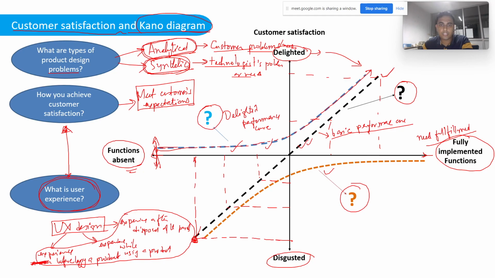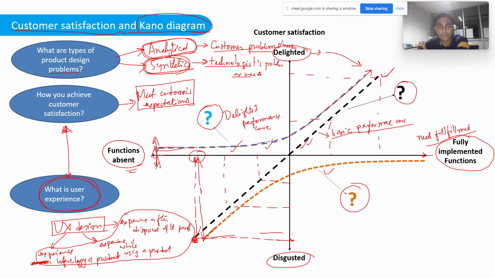Similarly, there are products which behave something like this orange curve. That means when there are no features, and the particular product does not satisfy any of the customer requirements, there is a bad experience, a disgusting experience.